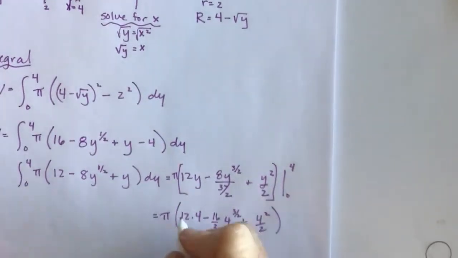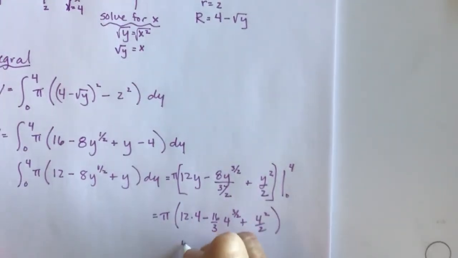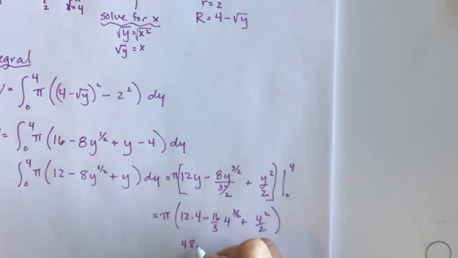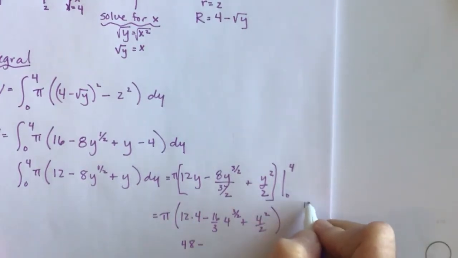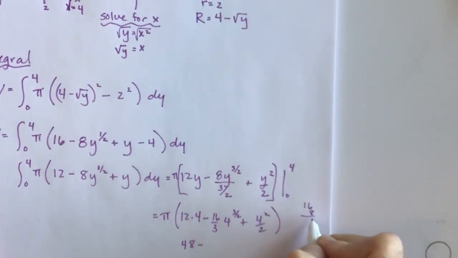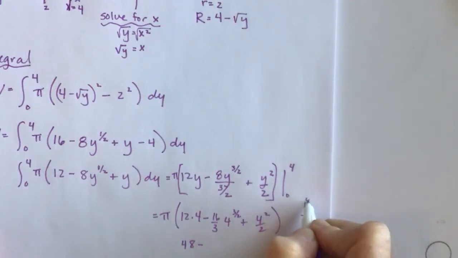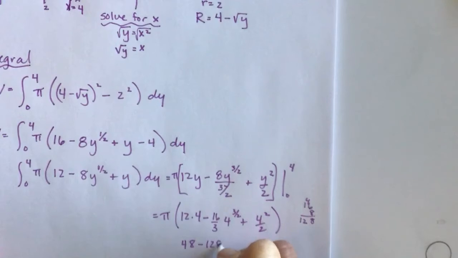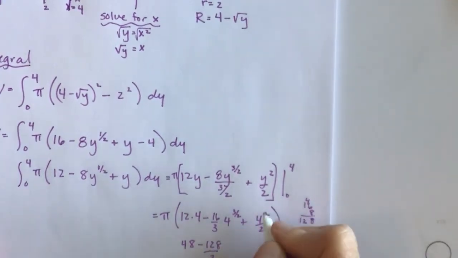Okay, and then we've got, let's see, 48. 4, the square root of 4 is 2. 2 cubed is 8. 8 times 16. Oh, gosh, that's a good one. Let's see what that one is. 16 times 8 is 128. Yeah, 128 thirds. Oh, that's terrible, isn't it?